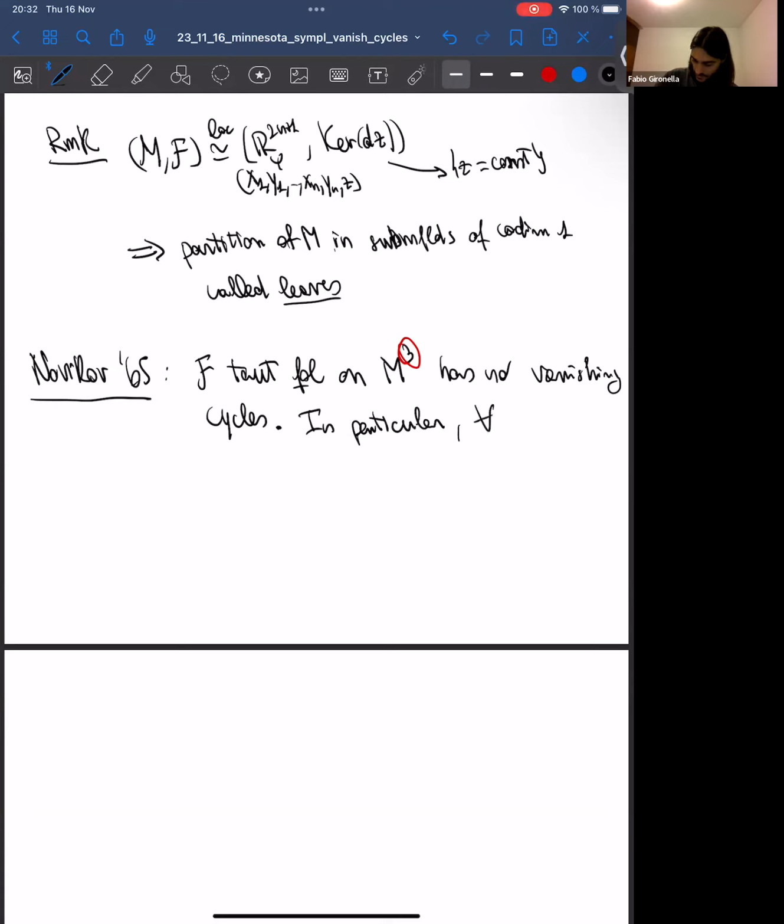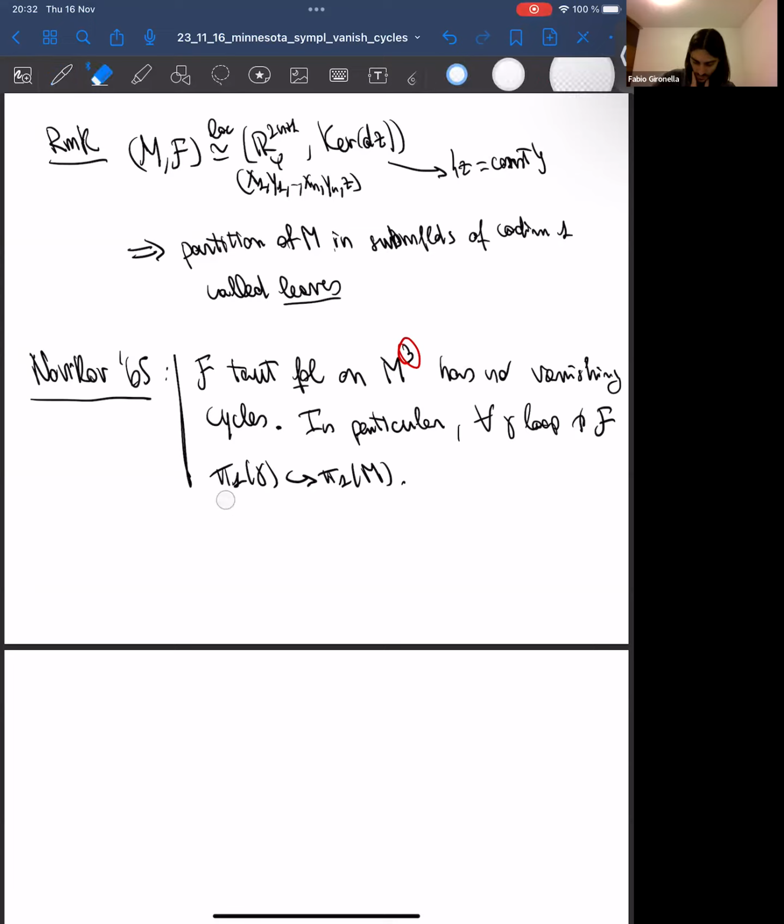Every loop in M which is transverse to F everywhere actually injects into the pi1 of M. So in particular, if we have a taut foliation on a 3-manifold, the pi1 needs to have an element of infinite order, so this is Z, of course.